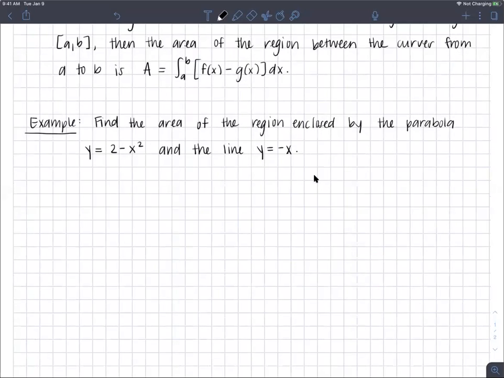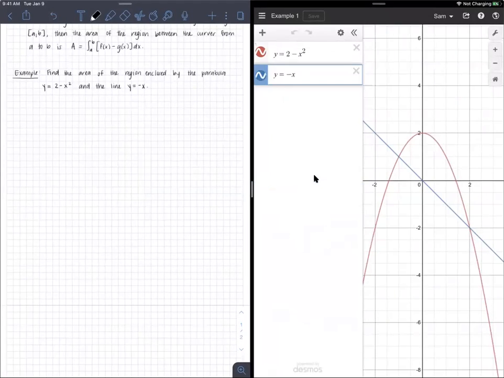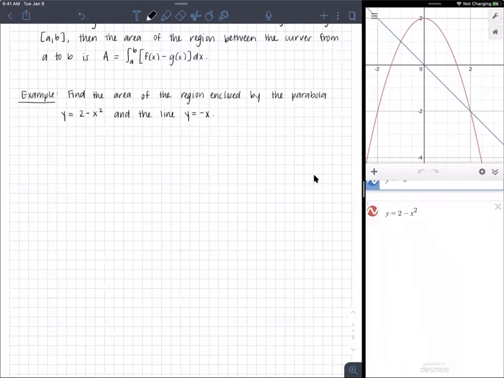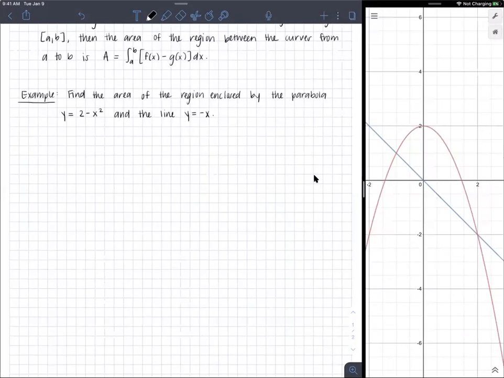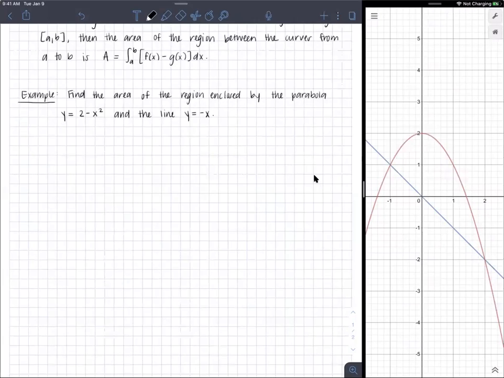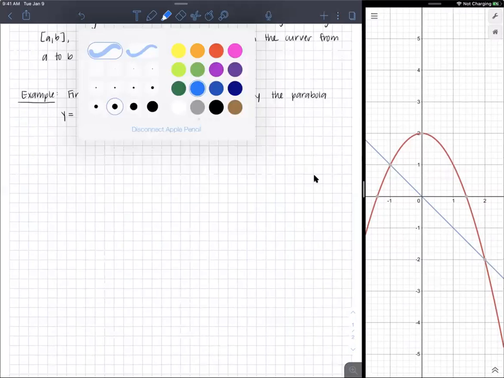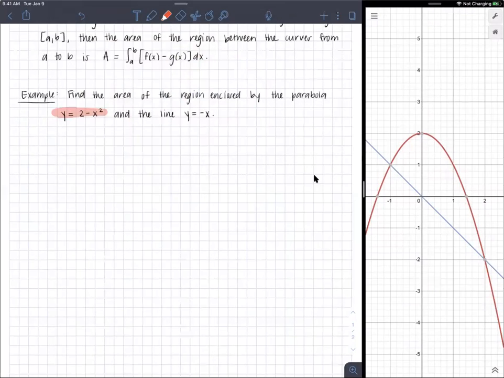And so that's what I put into Desmos. Let me split the screen. So here are the two curves, I already graphed them. The red one is y equals 2 minus x squared, and the blue one is y equals negative x.